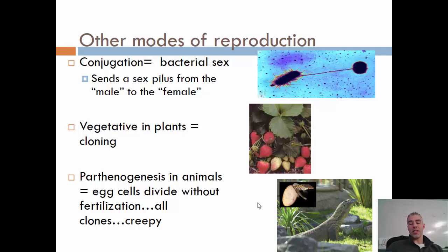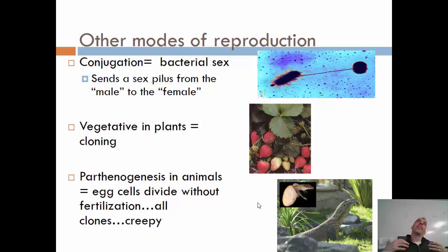But what we haven't talked about is this really neat thing called parthenogenesis that happens in animals. Only certain animals do this. Whip-tailed lizards are an example of this. I think maybe the Komodo dragon can do it as well. Essentially, instead of producing an egg that needs to be fertilized by sperm, a mother creates a haploid individual.